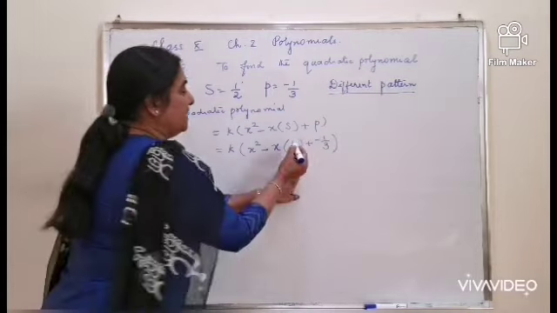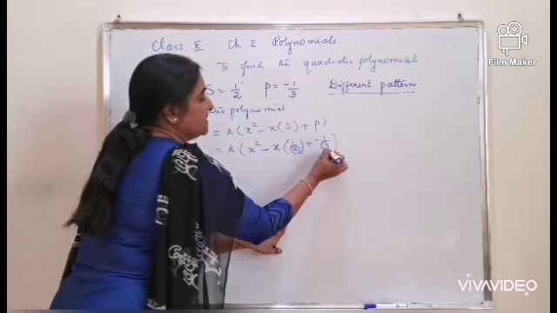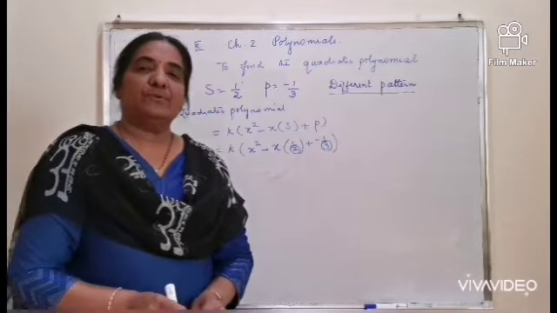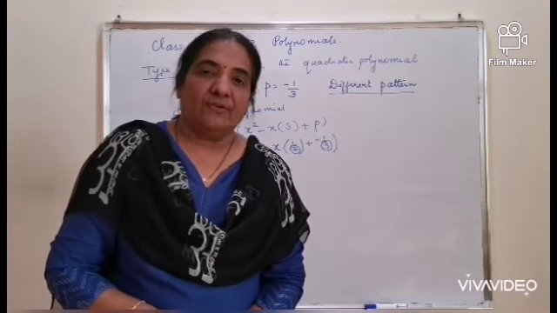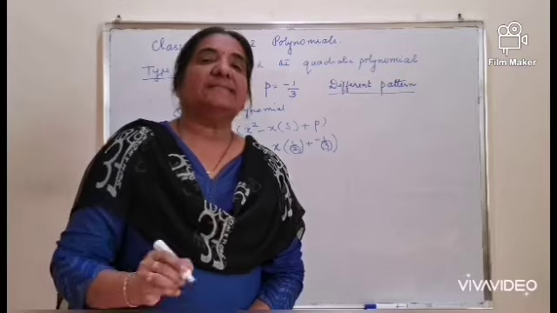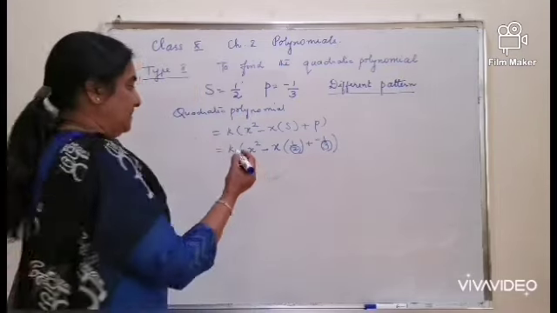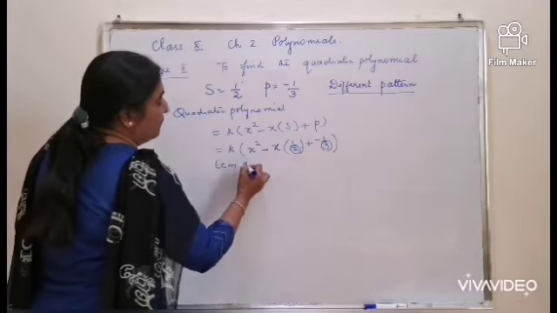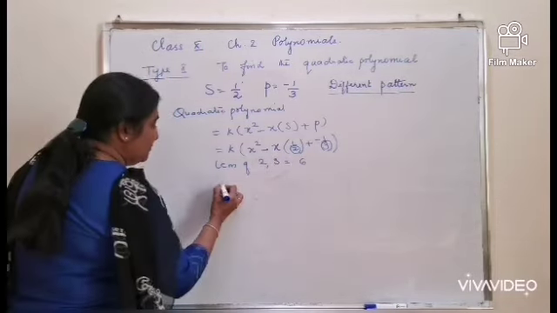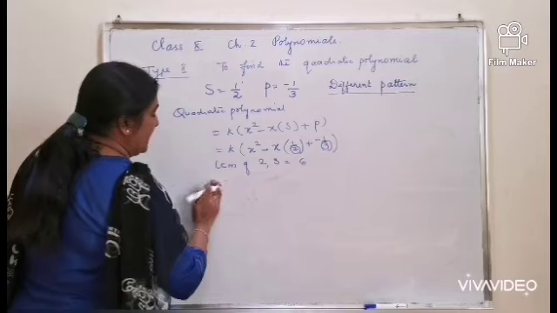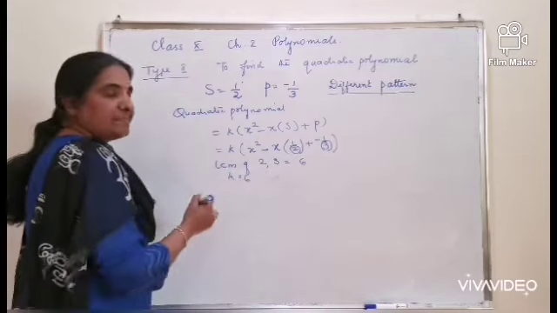When you observe here, the denominators are two different values, 2 and 3. So what will you assume for the value of k? The LCM of 2 and 3. LCM of 2 and 3 is 6. Assume the value of k as 6.